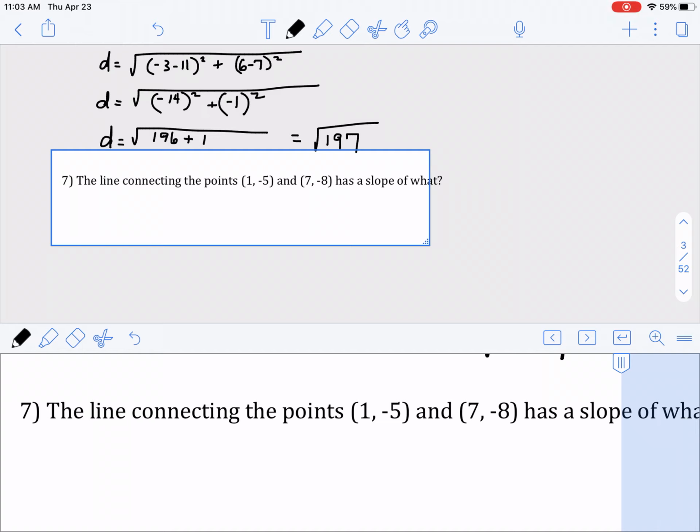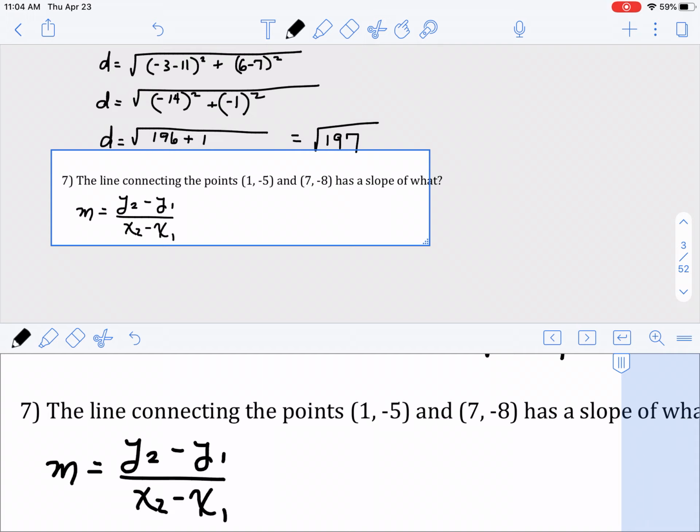A line connecting the points has a slope of what? The line connecting the points. So the slope. So again, slope, my xy, I'll make this one 2 and this one 1.